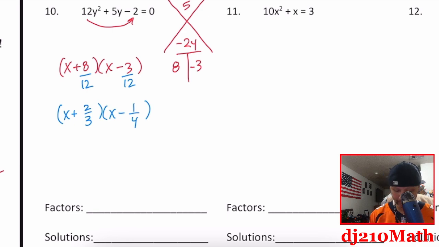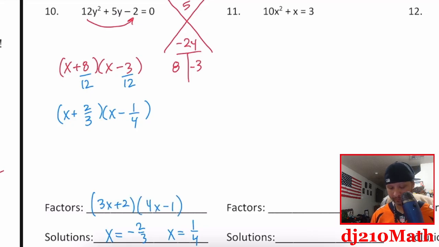Like really, if you skip the factor part, -2/3, +1/4. Right, that's actually really nice. And the factors, just move the denominators up in front of the x. 3x plus 2, 4x minus 1. It's a nice little result.